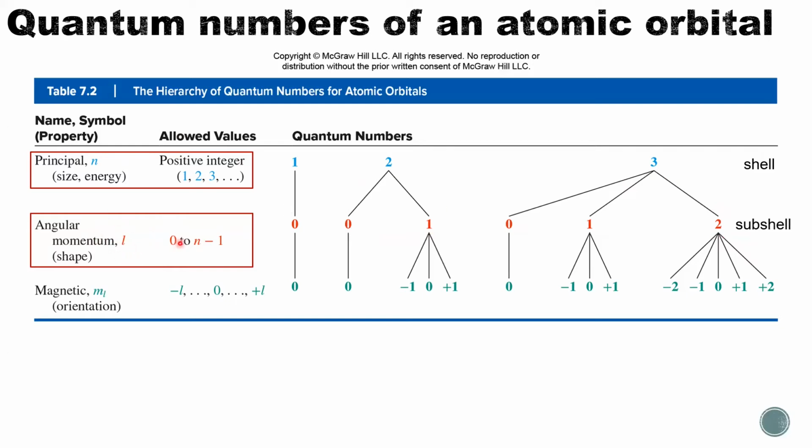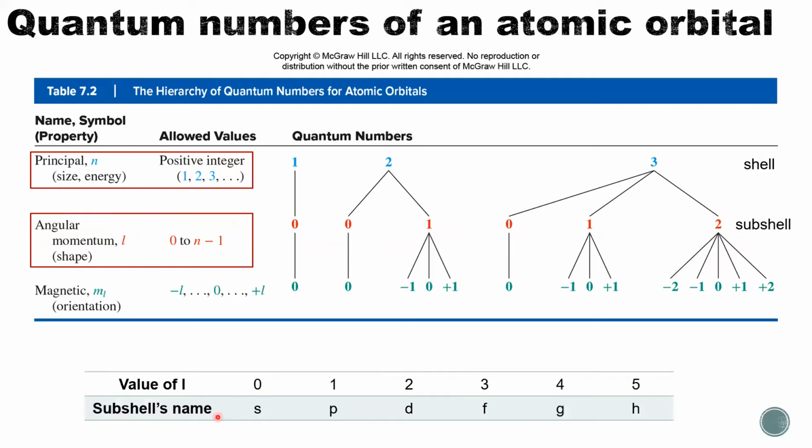And usually when we talk about l, it has nicknames, not just 0, 1, or 2. We have the corresponding name for different l, which we also call the subshell's name. When l equals 0, we call that an s orbital.